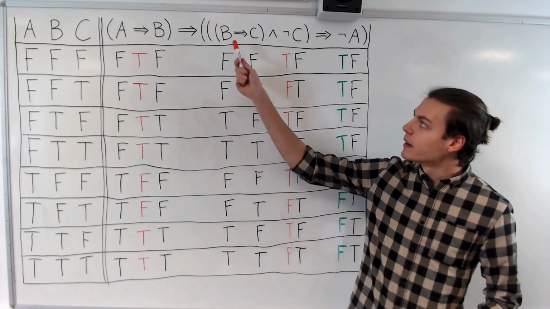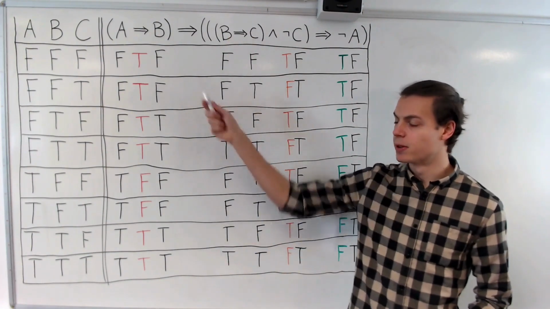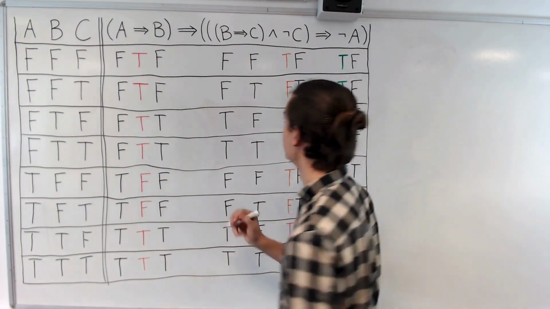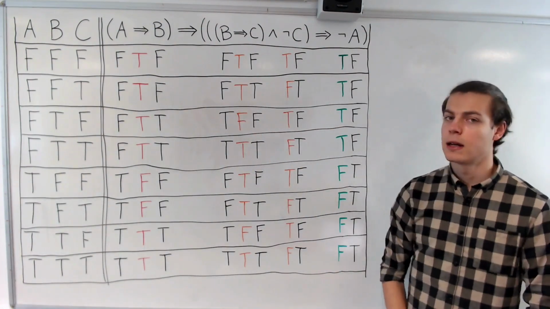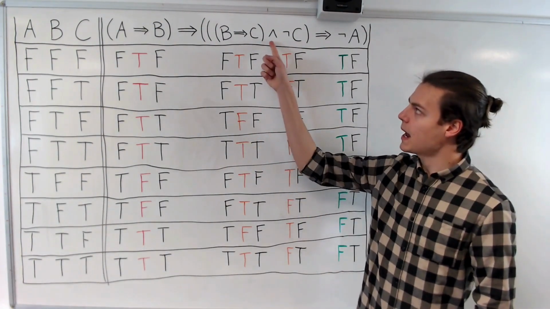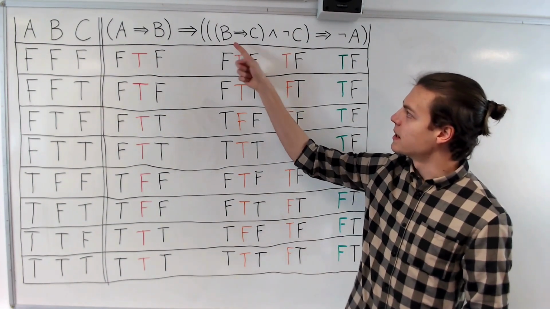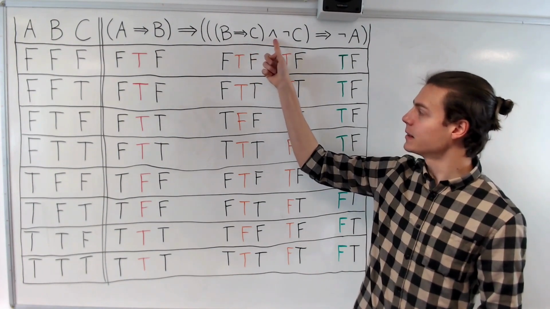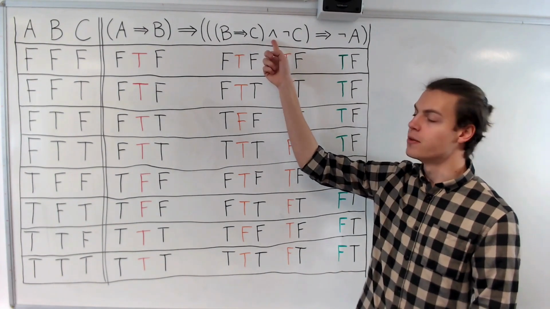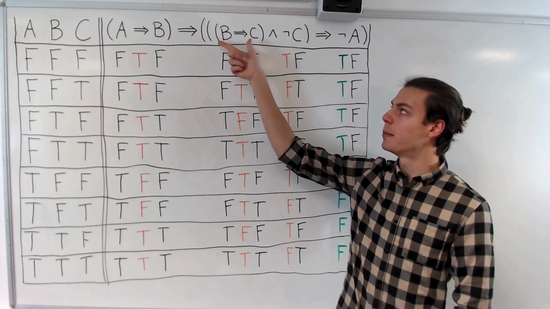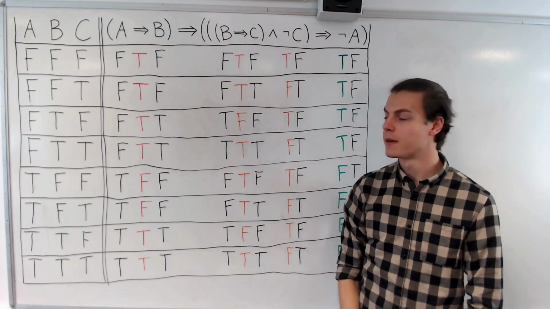Now we can do the same thing for this implication, B implies C, following the exact same rule. Let's fill this in. Now, consider this AND operator. So this statement says B implies C and not C. So this AND is true if and only if B implies C is true and not C is true.